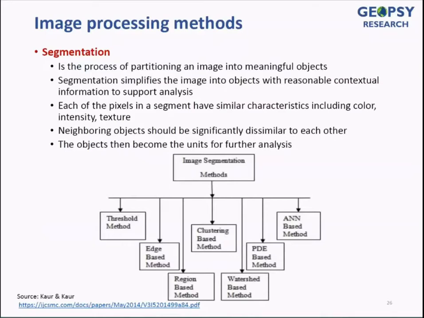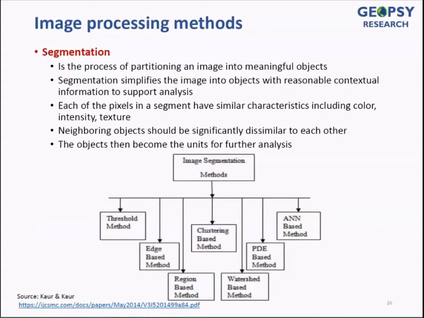Yeah? Then there's clustering method. In a clustering method, I have a clustering criteria so that pixels are clustered. Okay? Then the other method is a partial differential equation method. A partial differential equation method means you find an equation that can help you in segmenting your object.